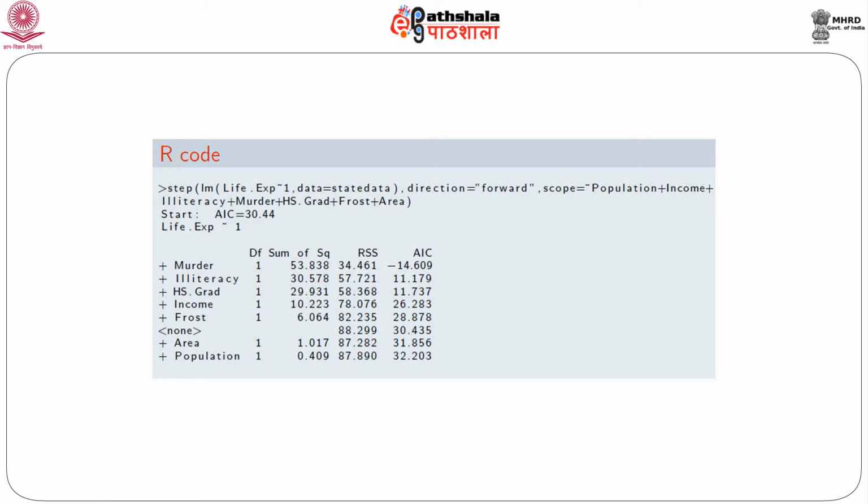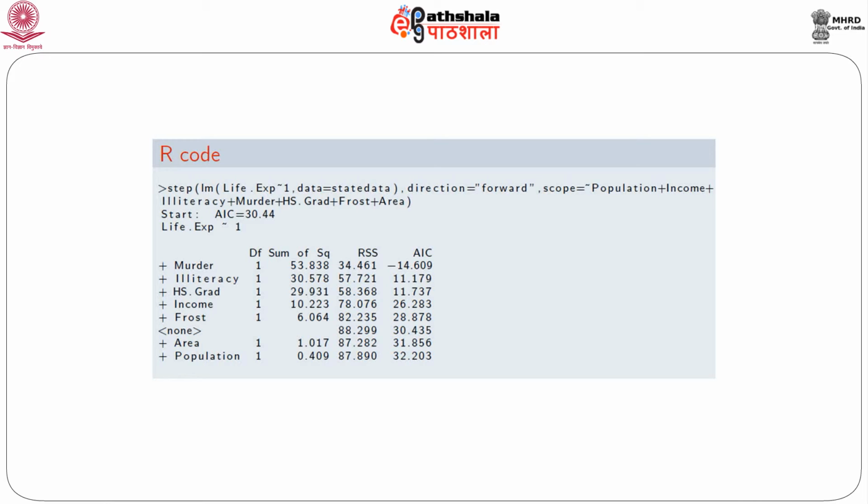So, this means in each of these cases, we add one of these predictors at a time and obtain the AICs for the models. Like here we have added murder, which means life expectancy regressed only on murder, and we obtain the corresponding AIC as negative 14.609.